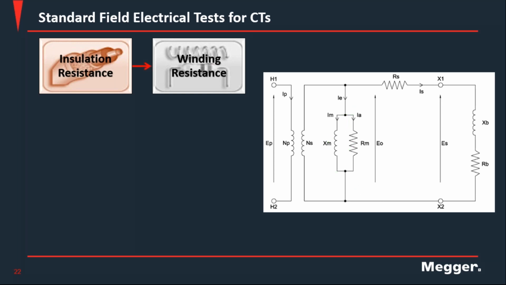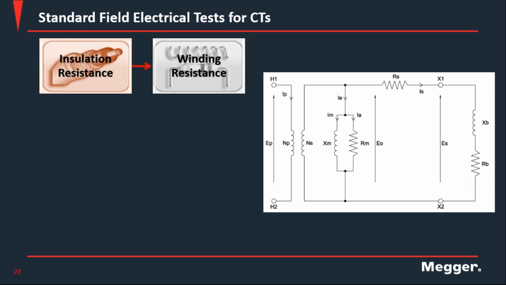The core is being magnetized, and if that core remains in that condition, it will affect the performance of the transformer for the other tests, or for the actual operation of the CT.